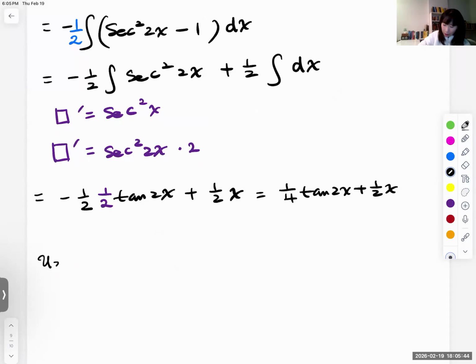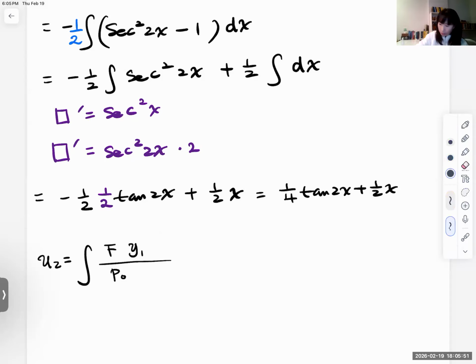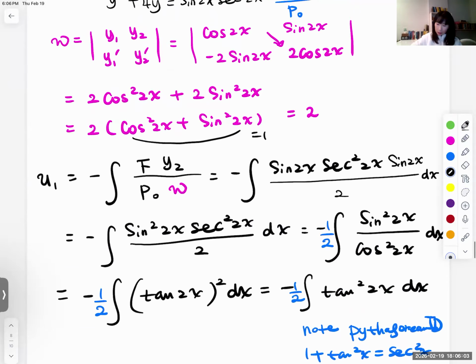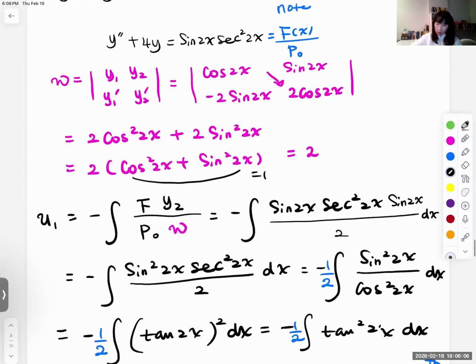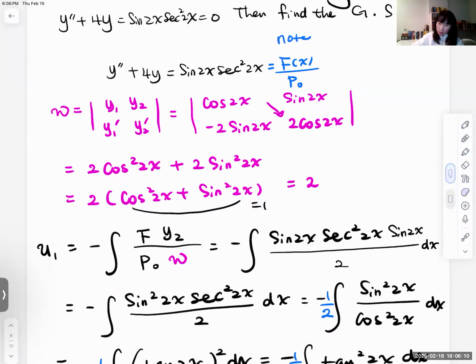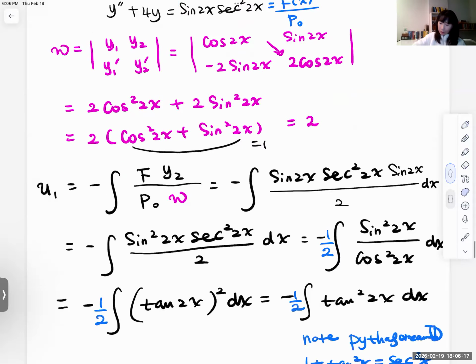U sub 2, we have integral f over p naught and y sub 1, right? And omega, right? Okay, so there will be f of p naught, this is better. Sine 2x, secant to the second power 2x.